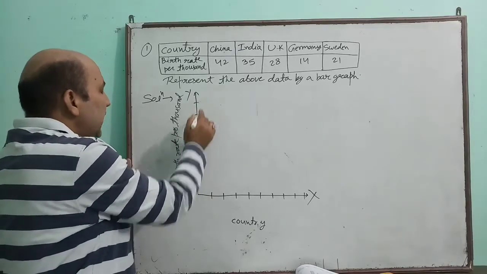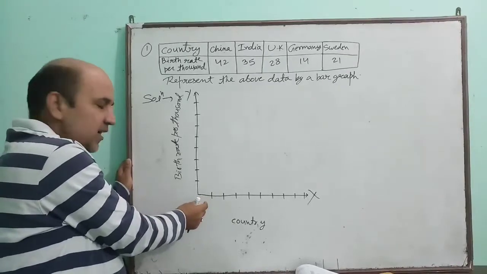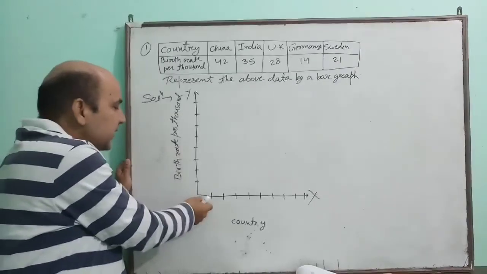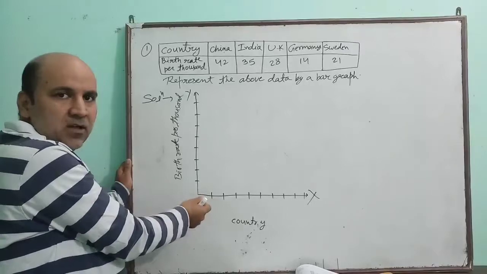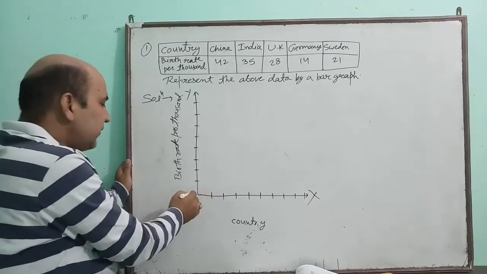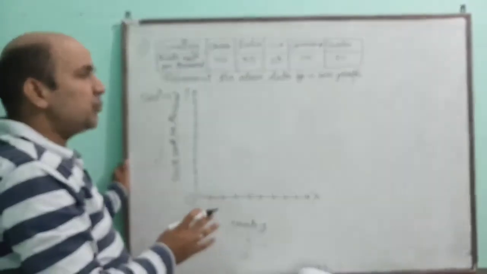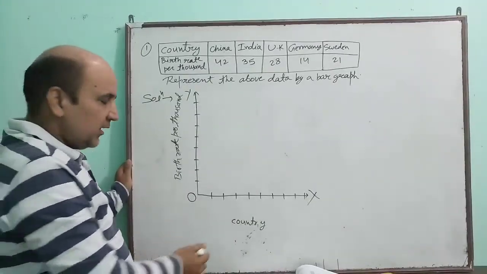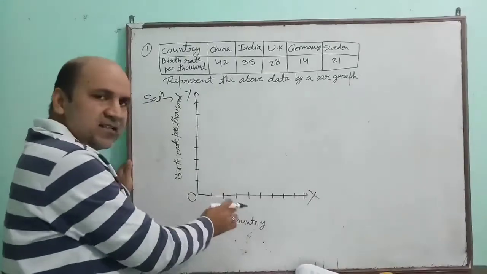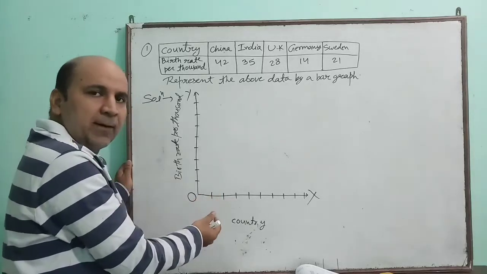In that 1 centimeter, every 1 centimeter has 10 small boxes, and those small boxes measure 1 millimeter. Whenever we draw any bar graph or any graph, we have to take a scale. For the country, there is no need of a scale, but where we will draw it, you have to learn.